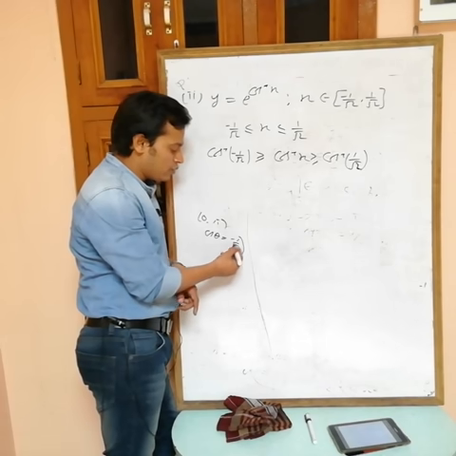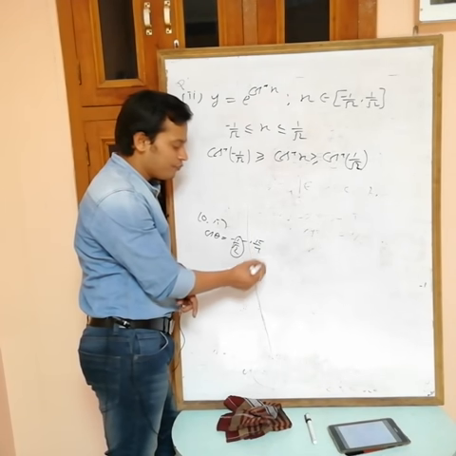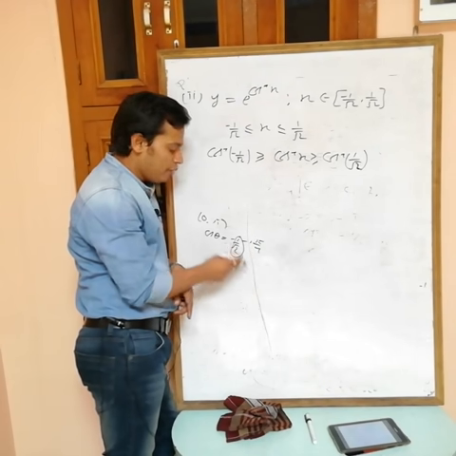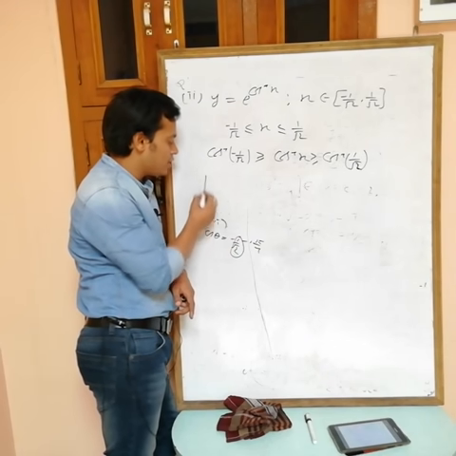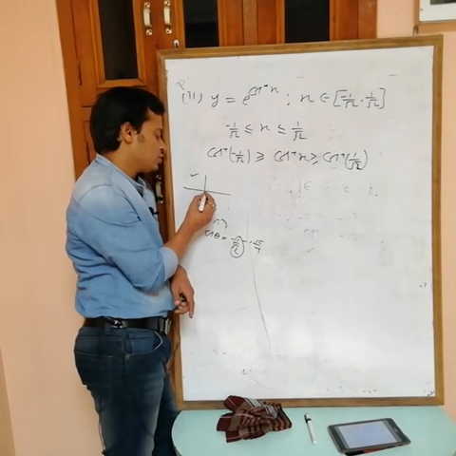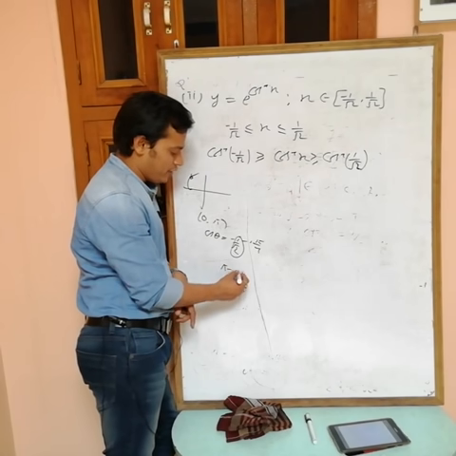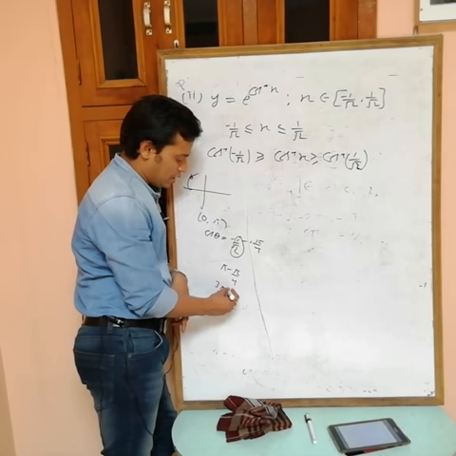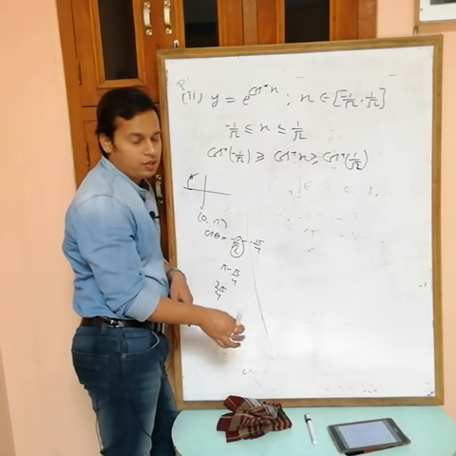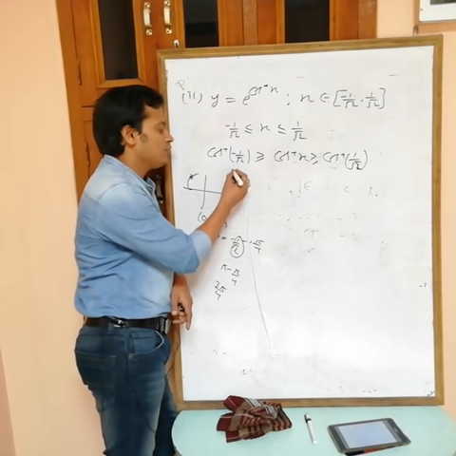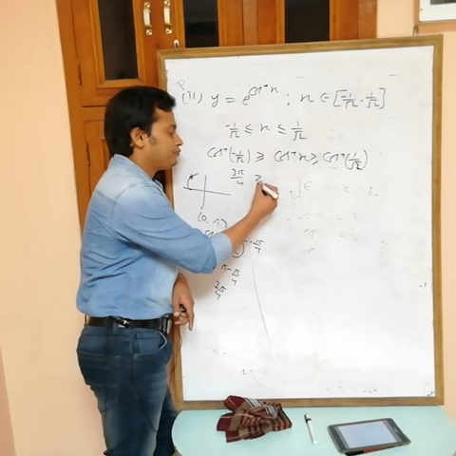Cos theta equals 1 by root 2 at pi by 4. But you want minus 1 by root 2, which you get in the second quadrant. So here we have pi minus pi by 4, which is 3 pi by 4. This was done in 11th. So the value of this one is 3 pi by 4.